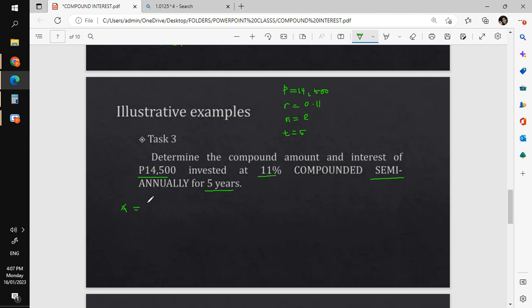Now we will be using the same formula. A is equal to P times 1 plus R over N raised to N times T. After writing down the formula, you need to substitute its values. So the principal amount here is 14,500. We have here 1 plus the rate of interest 0.11 divided by n, which is 2, raised to 2 times 5. 14,500.